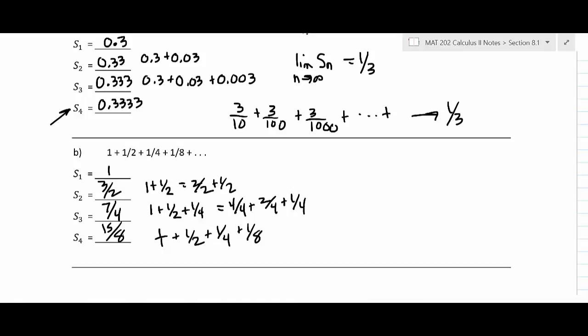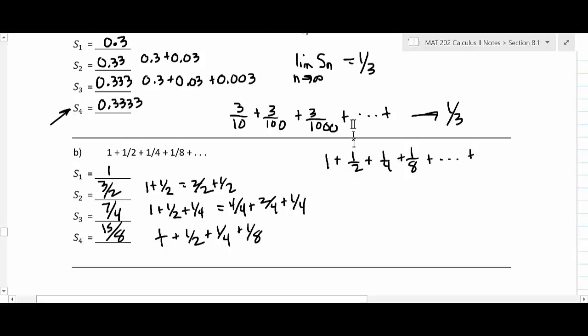All right. Now, the idea with this is does this thing look like it's going anywhere, or does it look like it's just going to go to infinity and diverge? What do you think? You've got 3 over 2, 7 over 4, 15 over 8. What's the relationship between the numerator and denominator? What does it look like it's getting close to? 2, exactly.